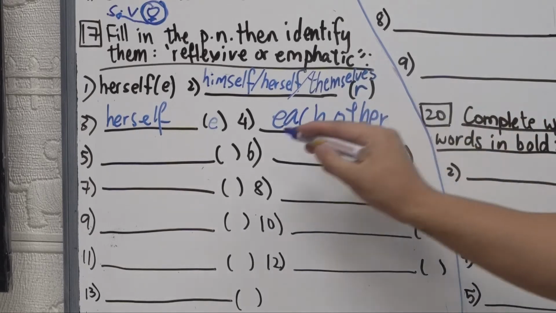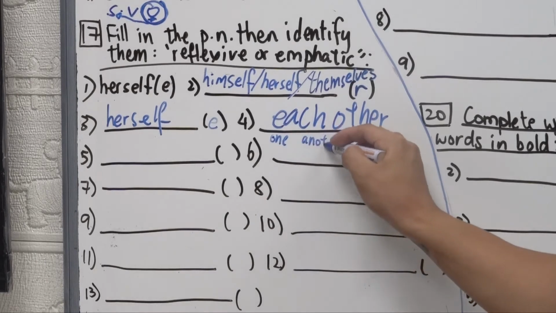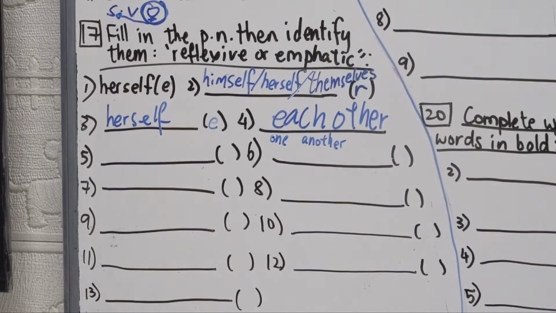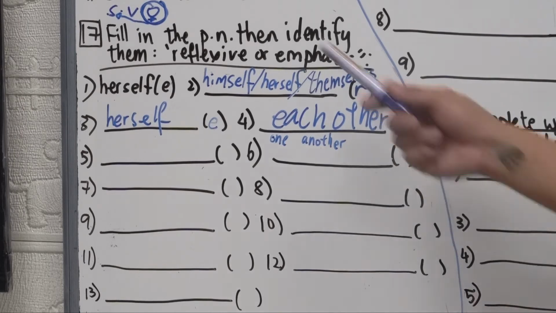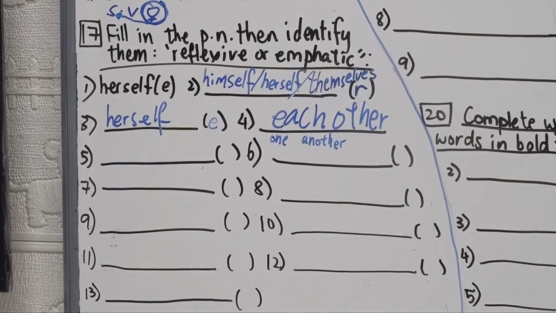I'll just put another prompt down here. One another. So a good point to make here is, for example, I can say the sentence, Tom and Bill are brothers who took care after each other. What does that mean? That means Tom will take care of Bill, Bill will take care of Tom, right?